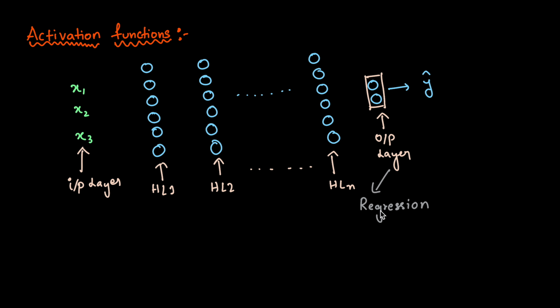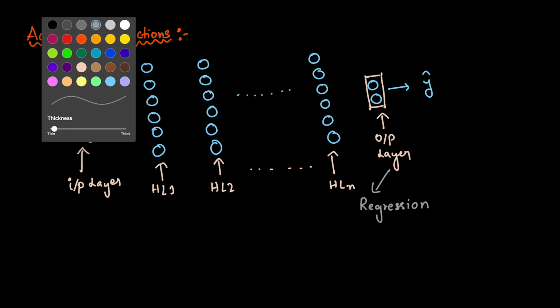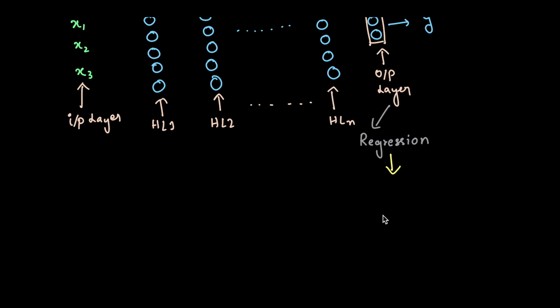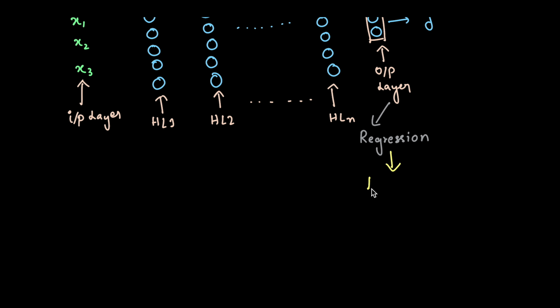Then what activation function will we be using? If you have seen my previous videos, you will know this. If it is a regression problem, the activation function that we use is the linear activation function. And within classification, we have two types: binary classification, and remaining ones we can generally categorize as multi-class classification problems.